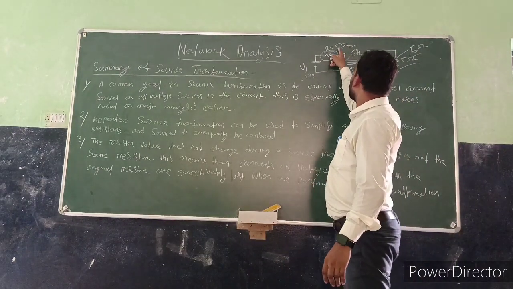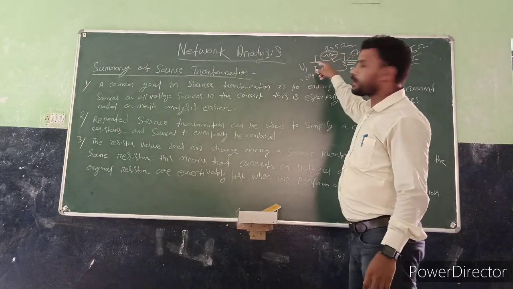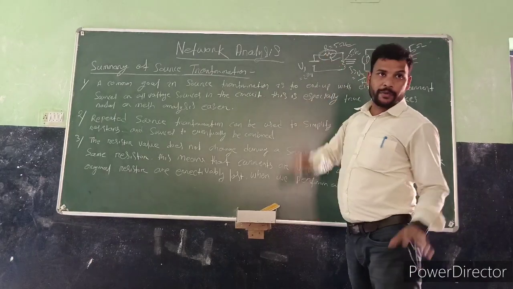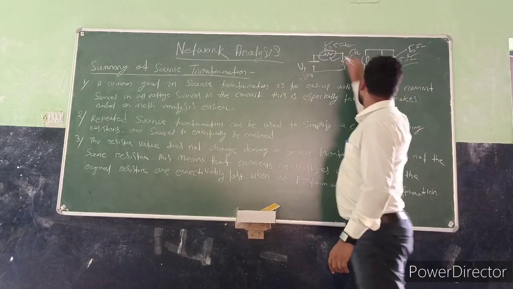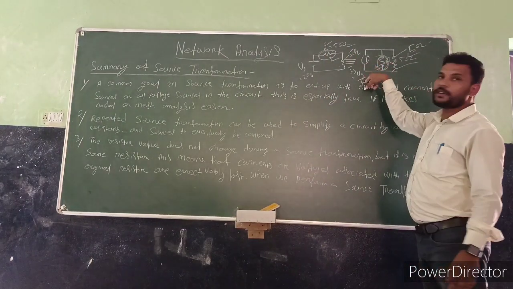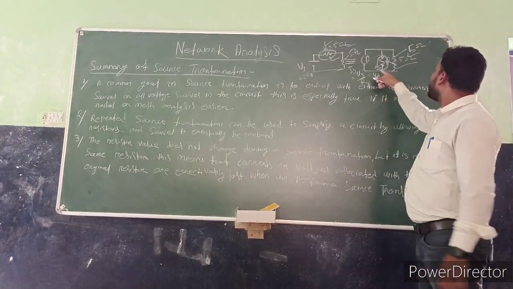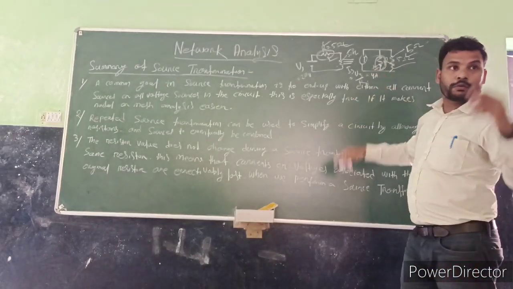Look at this, this is 5 and this is 5. The current flowing in this resistance is 20 by 10, 2 ampere. Here the current flowing is 4 ampere. If we apply the current division rule, this is also 2 ampere.